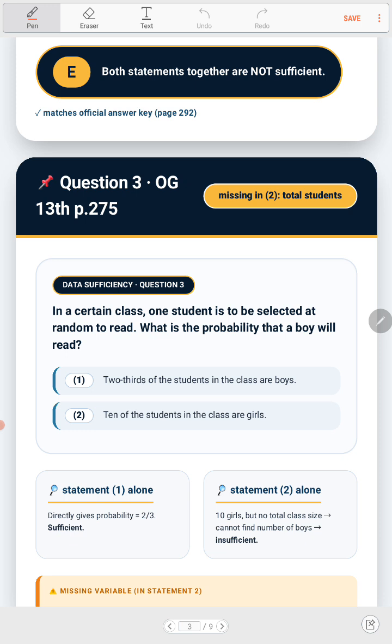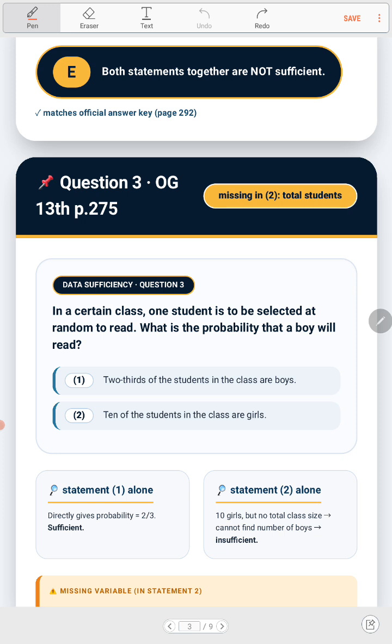In a certain class, one student is to be selected at random to read. What is the probability that a boy will read? If you look at statement 1, 2/3 of the students in the class are boys.